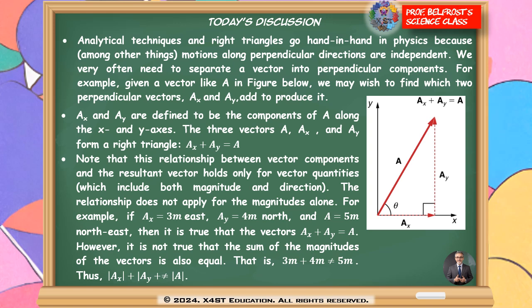If we only consider the magnitude and not the direction, it will be wrong. The magnitude of Ax plus the magnitude of Ay will not be the same as the magnitude of A.